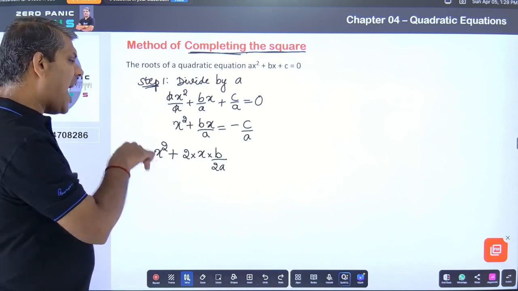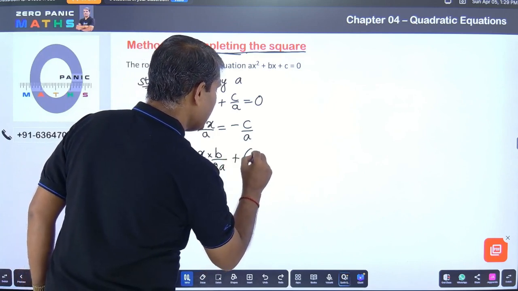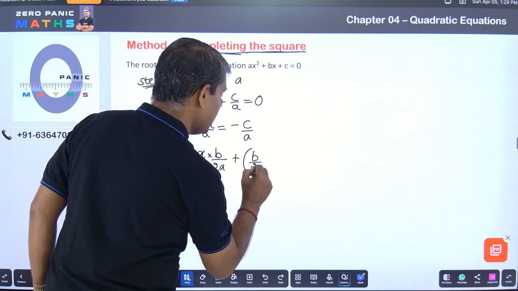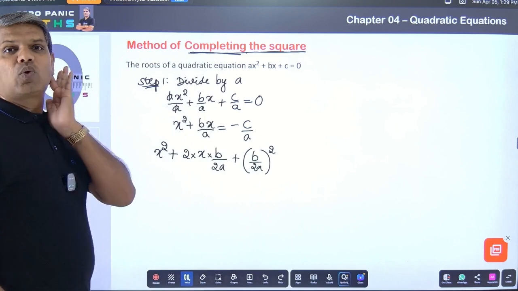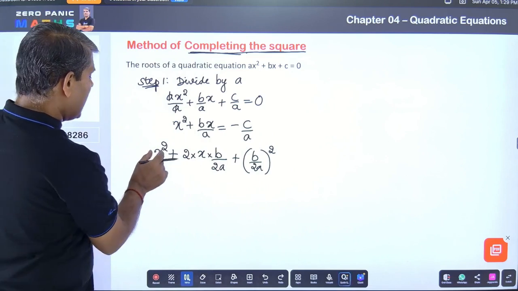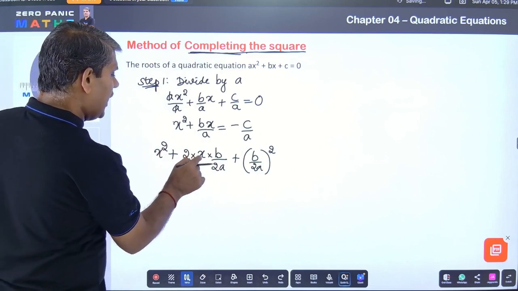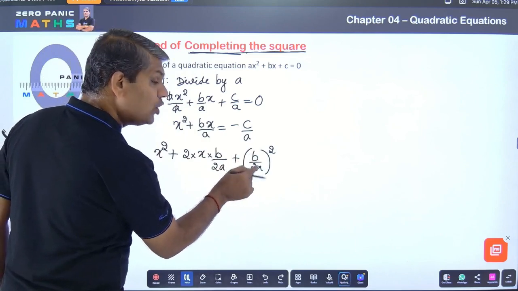So let me add that part also here, b by 2a. Considering b as b by 2a, I will add the square value of that, so that I will get a square plus 2ab plus b square.